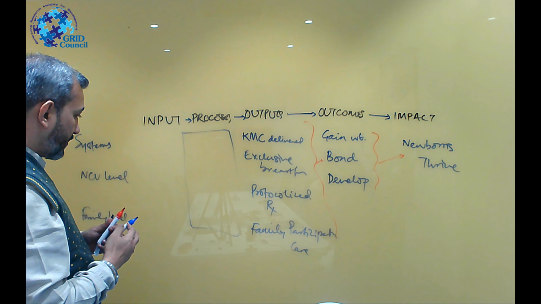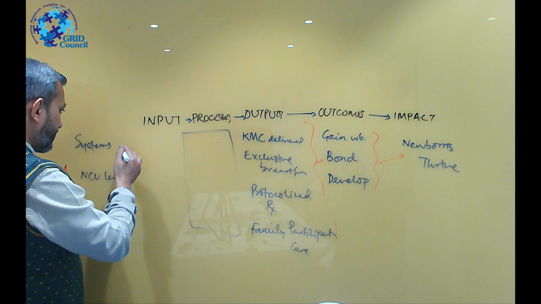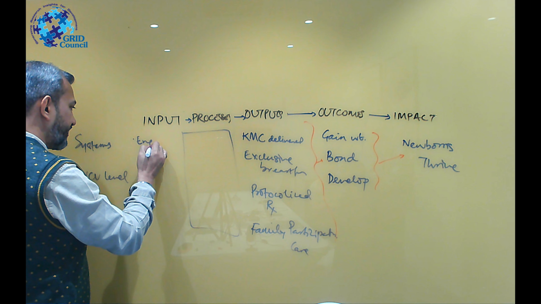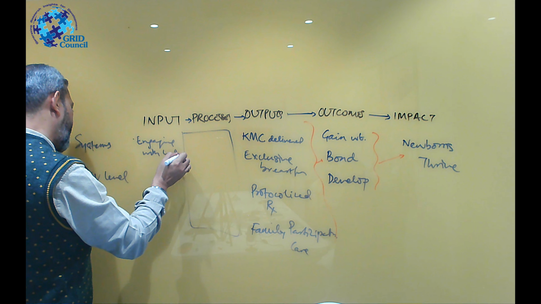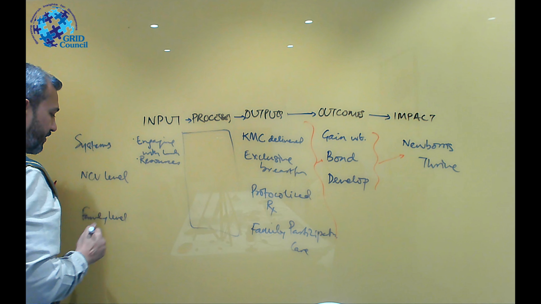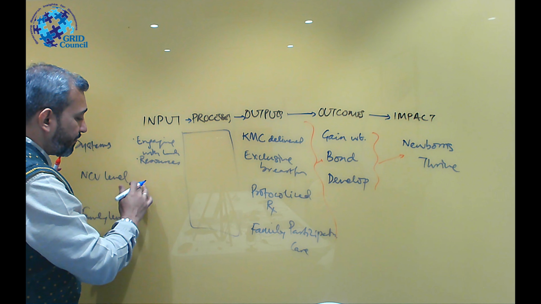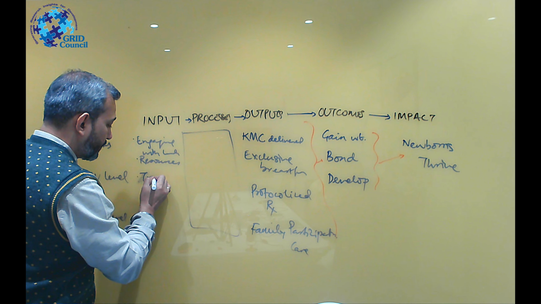So I plan my inputs in a way that they link to the processes. For example, at the systems level, I start engaging with the leadership and also providing resources, for example, KMC chairs. At the NCU level, I provide training to the staff.